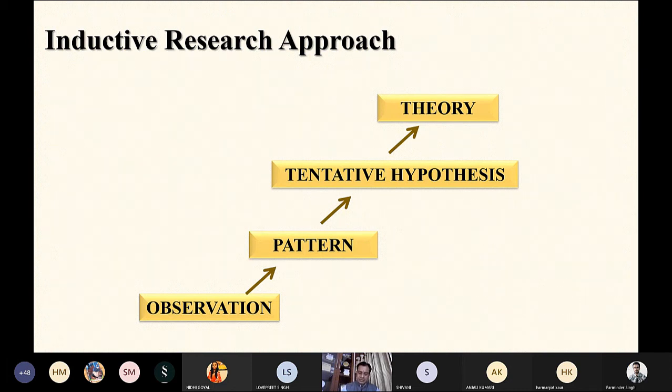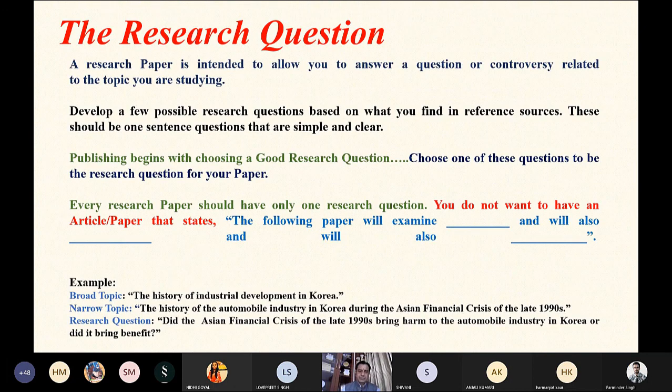If theories already exist, meaning you are going to use the deductive approach, you have to go for standardized scales to get the information. But if no theories exist in the literature and you are going to use the inductive research approach, you have to develop your own questionnaire.